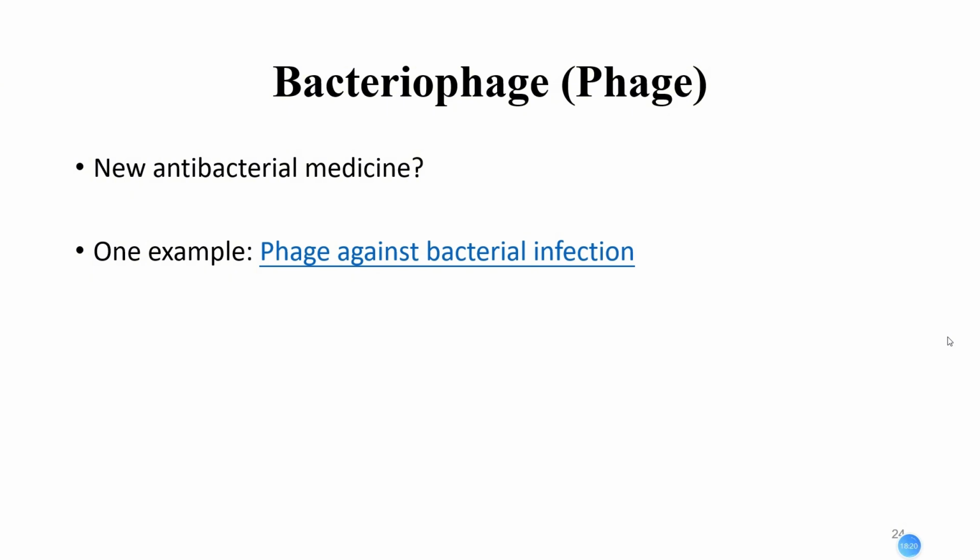There is one famous example of phage therapy, where they used phages to kill a bacteria. This is a real story that happened about 10 years ago. In 2015, in America, at UCSD, University of California, San Diego, a professor of that university got infected by a special antibiotic-resistant bacteria.